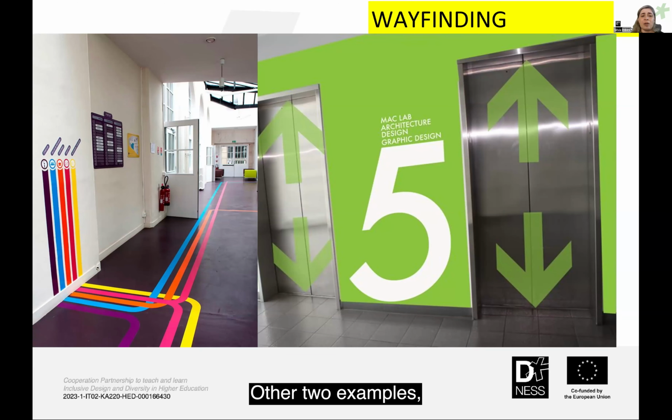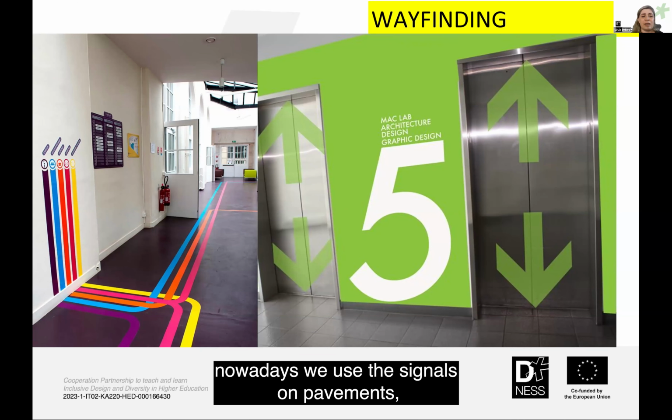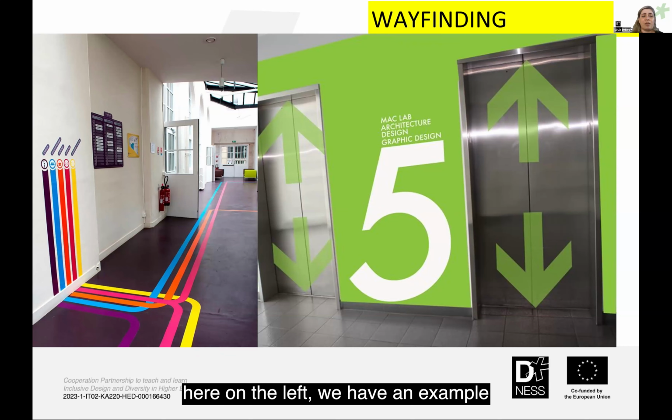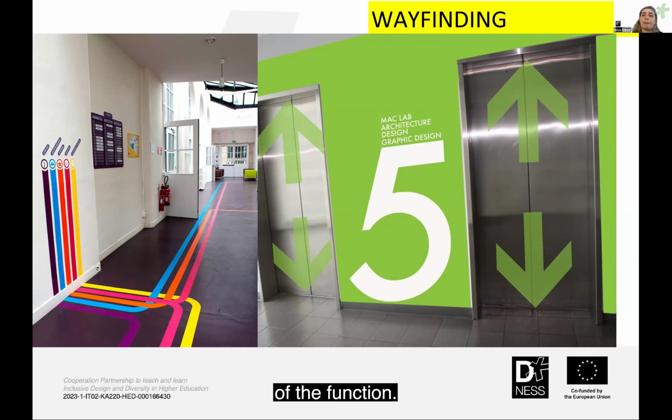Other two examples, nowadays very used, are signals on pavements. Here on the left, we have an example showing the function and then leading the person to the right space by following the color of the function.